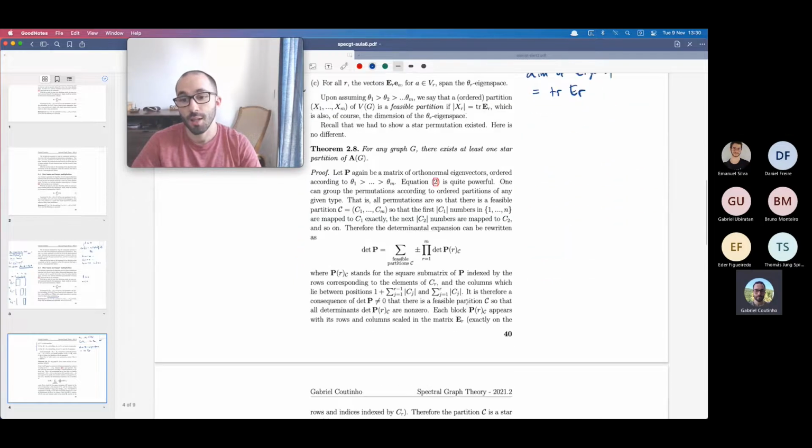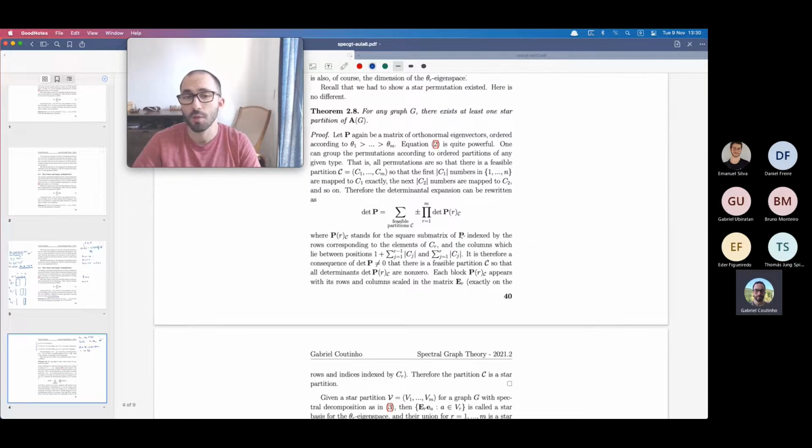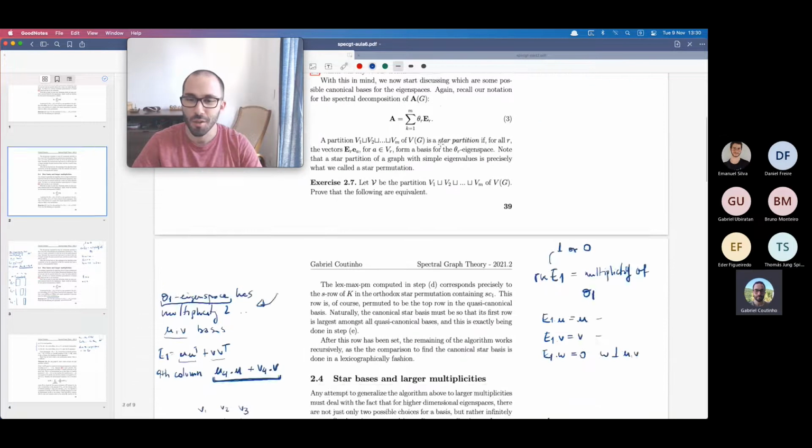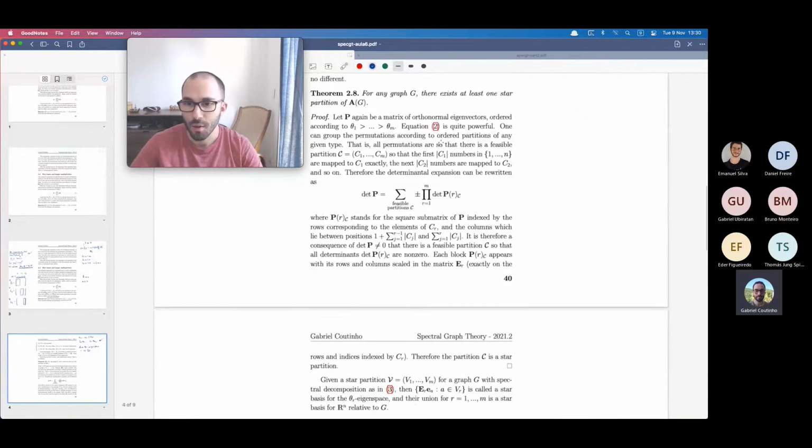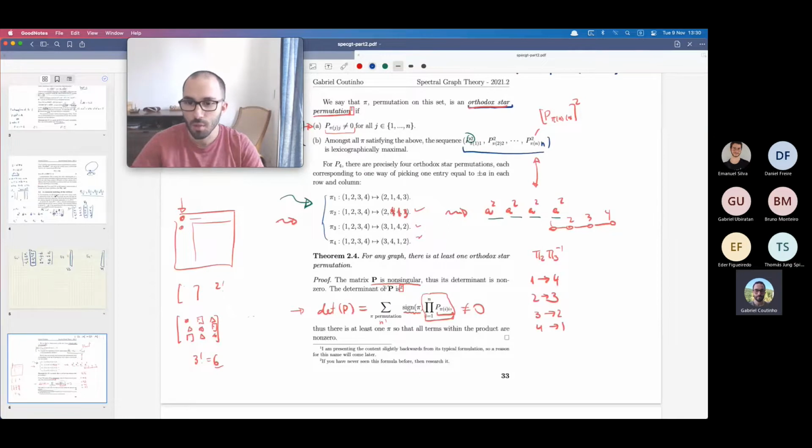Right? To show that any graph, and in fact this theorem is true for any symmetric matrix. But we are talking about graphs, so let's keep talking about graphs. So for any graph, there exists at least one star partition. Now, this is again a consequence of a funny way of expressing the determinant. So this equation 2 here.